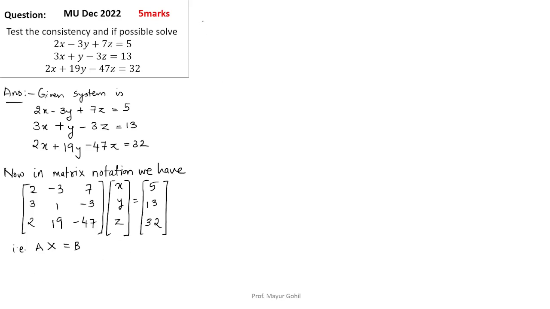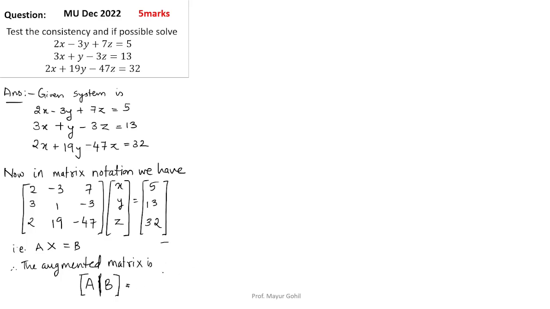Now we write down the augmented matrix. The augmented matrix is basically the matrix A slash B. You just put a straight line over here, A slash B. I've just thickened up the line here. So it is A slash B, or A augmented with B. So we just see how to write it.